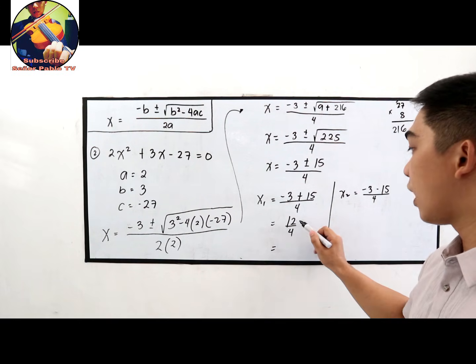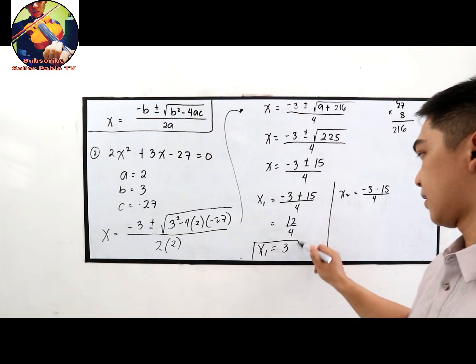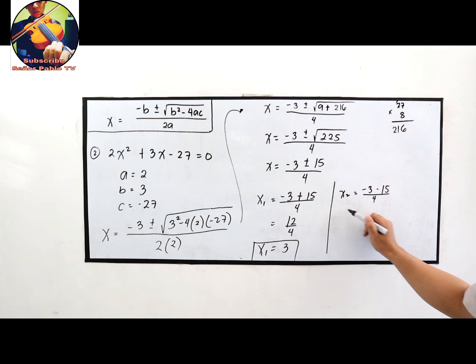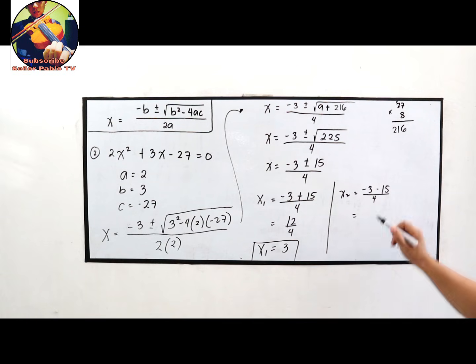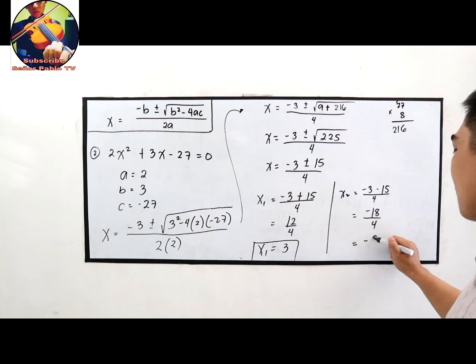Simplify. 12 divided by 4, 3. At yung isa, negative 3 minus 15, that is negative 18 over 4. Simplify natin, that is negative 9 over 2.